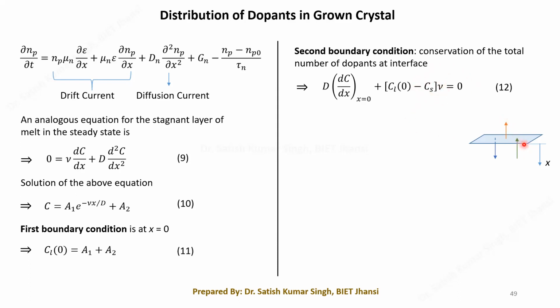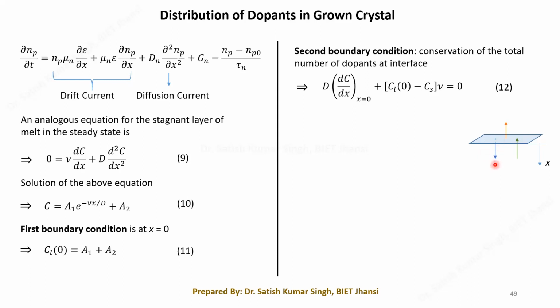Similarly, because of K naught, which was less than 1, some of the dopant was being rejected by the solid, and therefore at the top of this there will be a net increase of the dopant concentration. Because the dopant concentration is higher at the top of the layer and lower at the bottom side, there will be a net diffusion of this dopant material in this direction.